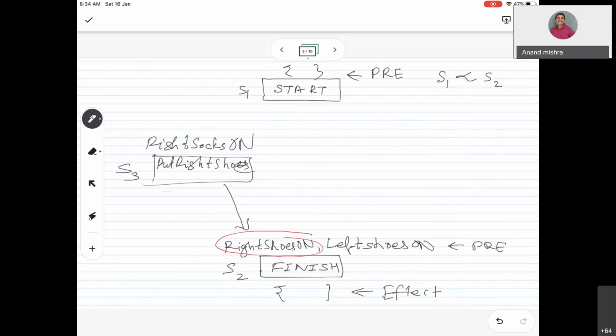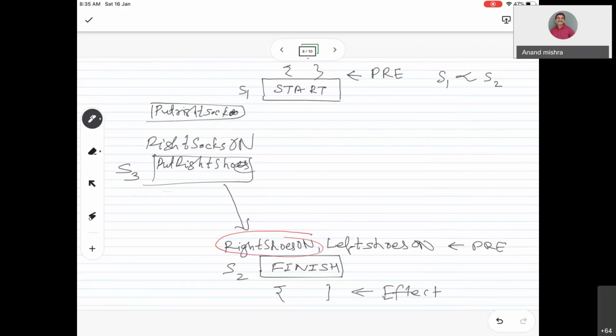Can we have a direct causal link from S1 to S3? No, because that is not getting satisfied. We need to have some operation to satisfy that, and that operation is put right sock on, put right sock, right?